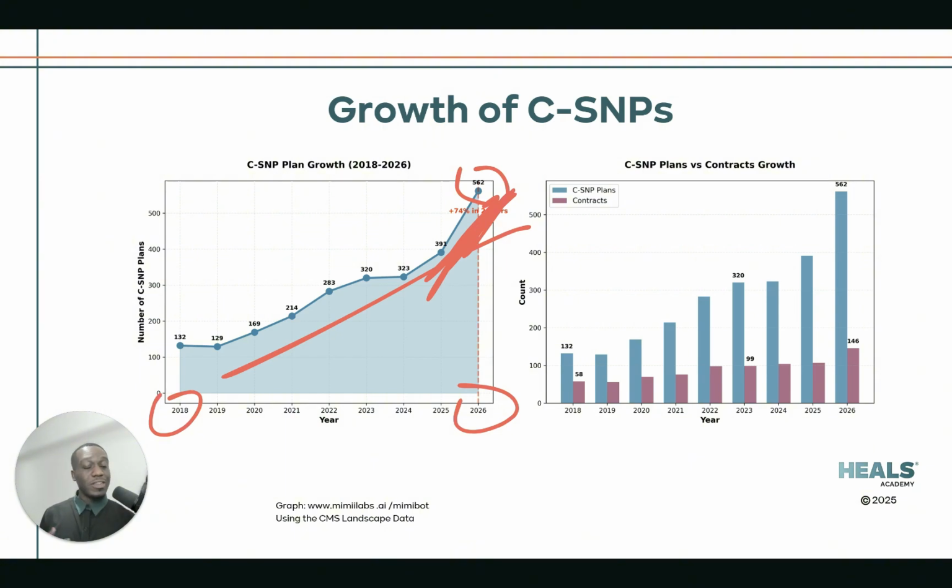Even if we go into the number of plans versus the number of contracts, you can see that the number of contracts have increased, but the number of plans have increased tremendously, telling us that there are more contracts that are offering many more plans within each of the contracts. That shows also the need in the Medicare population in terms of what the plans are offering for C-SNPs. I hope this is helpful as you familiarize yourself with C-SNPs, their growth, and what they are.